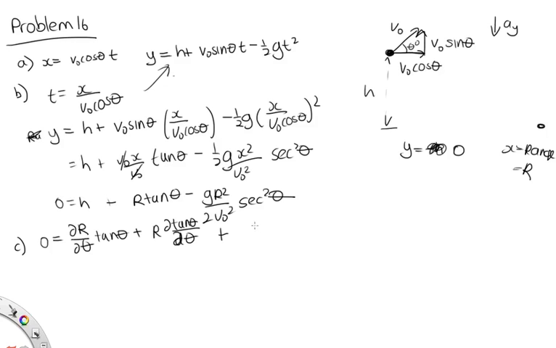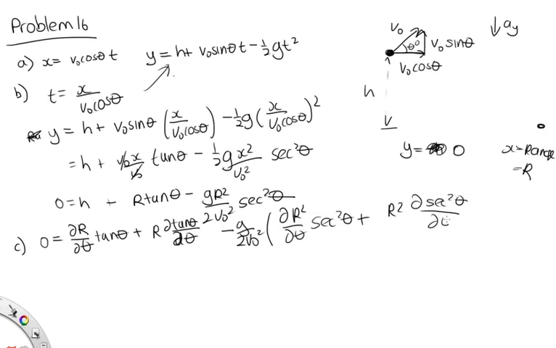And then we do the same for this term. g, 2 and v naught squared are all constants, so let's get rid of that plus, it's a minus. So we've got minus g over 2 v naught squared, d r squared d theta sec squared theta plus r squared d sec squared theta. It tells us in the question to set dr d theta equals 0.